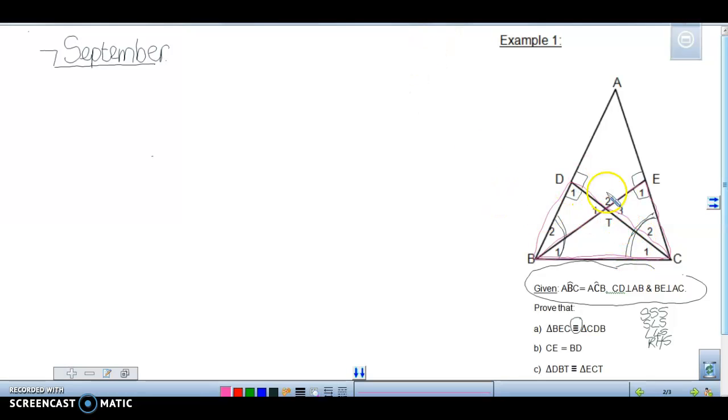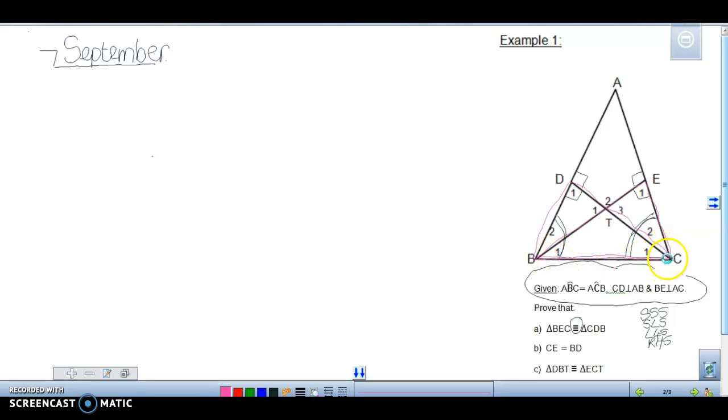So what can I say about this? I know from what they've given me that I've got a 90-degree angle there and there. What else have I got? I've got a side that is common. They both share side BC.